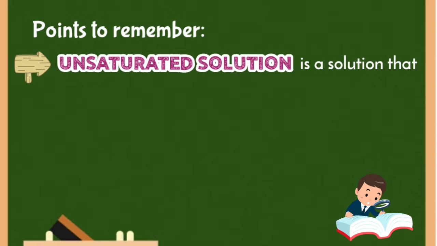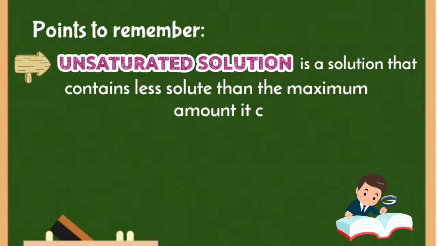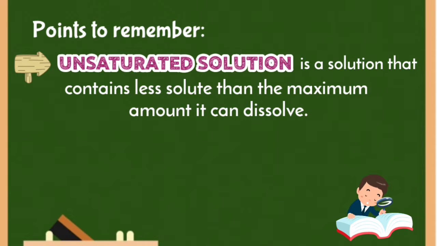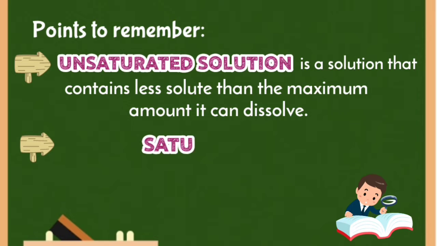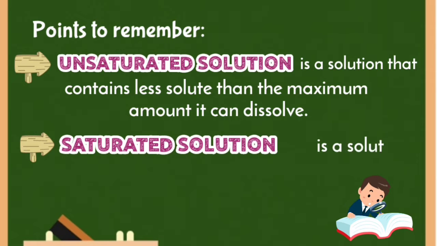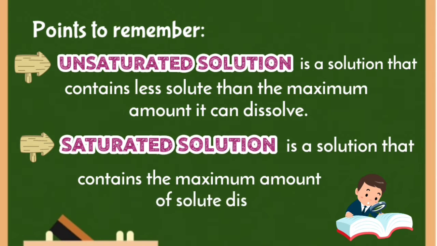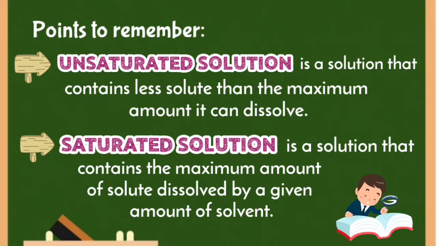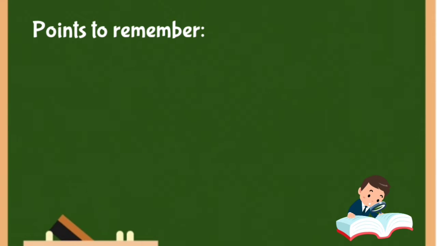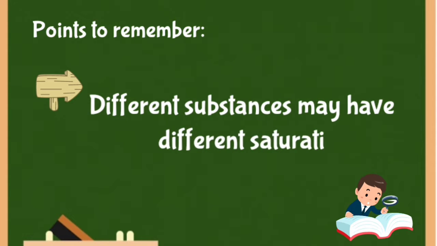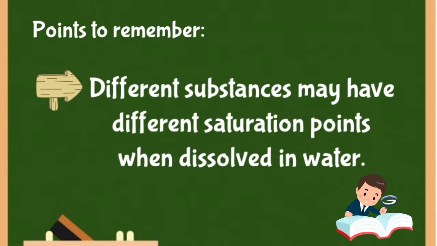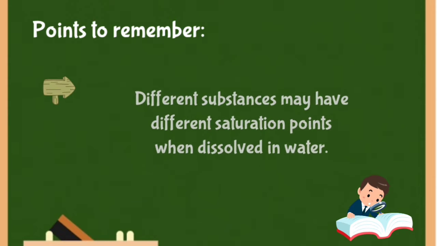Unsaturated solution is a solution that contains less solute than the maximum amount it can dissolve at a given temperature, while saturated solution is a solution that contains the maximum amount of solute dissolved by a given amount of solvent. Always remember that different substances may have different saturation points when dissolved in water.